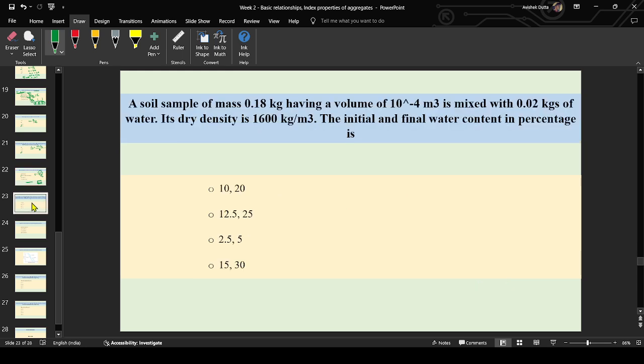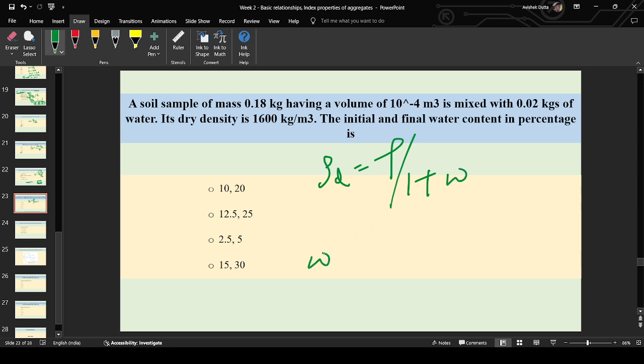Next question. A soil sample of mass 0.18 kg having a volume of this one. Have you solved this question? Yes, sir. 12.5, 25. How do you solve it? Sir, I have defined the densities first, that is 18 into 1000, and from that relationship, we have determined the water content.